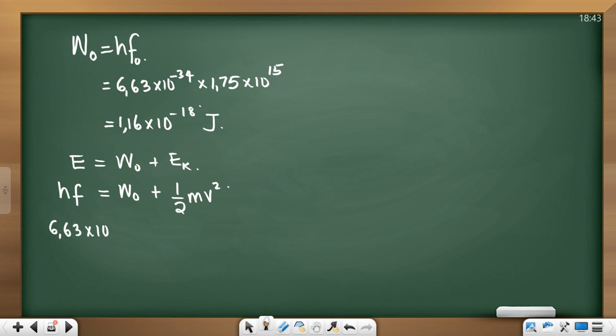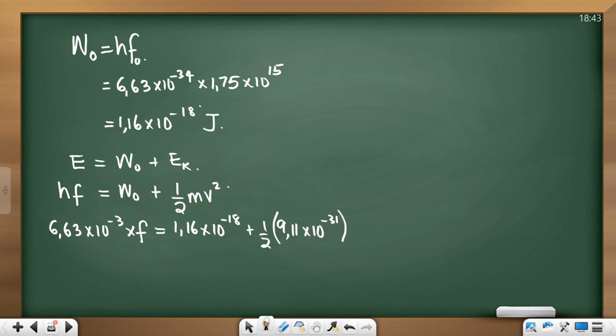6,63 times 10 to the power negative 34 times the frequency. I do not know the frequency, but I know my work function that we got, plus half times the mass of an electron. You'll find it on your formula page: 9,11 times 10 to the power negative 31.